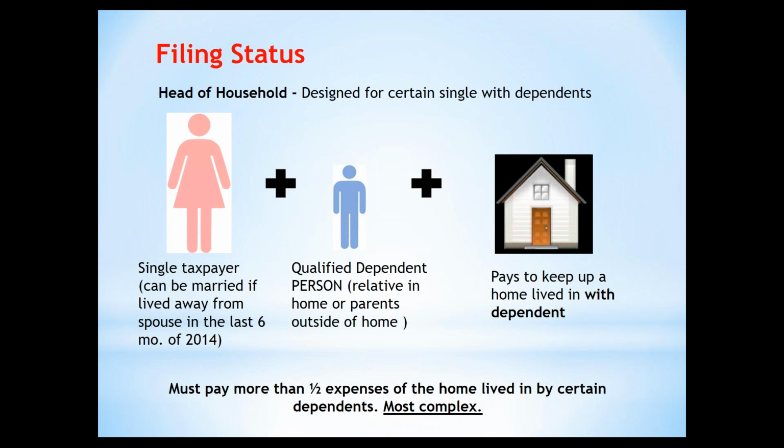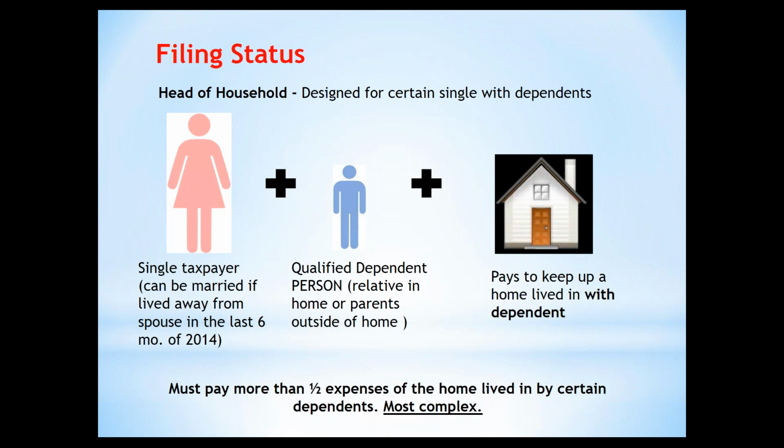It could also be a dependent child, in which case the child just has to stay in the home for half of the year, and the tax filer has to have paid all the expenses in the home for that person. Even if it's a qualifying dependent, if they're 16, they can still file their own tax return to get their withholding back, but they can't claim themselves. So they have to indicate that they're being claimed on another tax return.